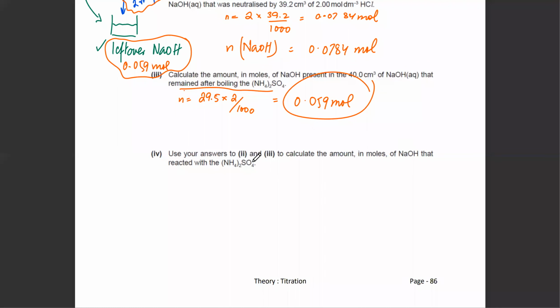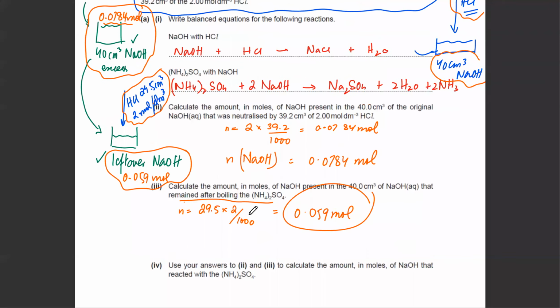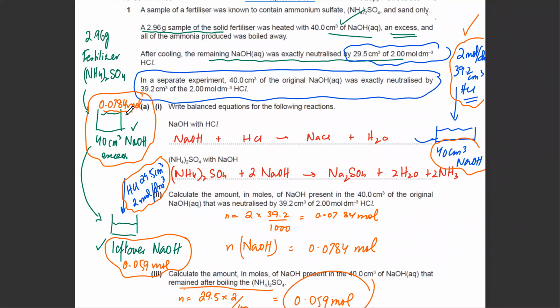of NaOH that reacts with ammonium sulfate. So these are the moles that were originally added, 0.0784. These are the moles that are left at the end of the reaction. So how many moles actually took part in this reaction? 0.0784 were added and 0.059 are left. So that means 0.0784 minus 0.059.